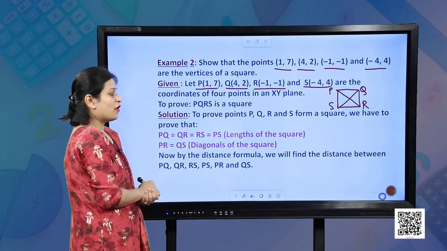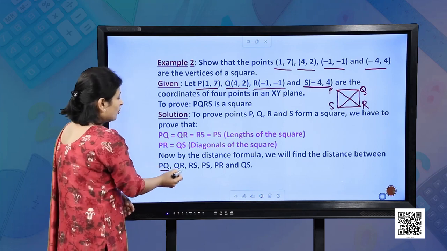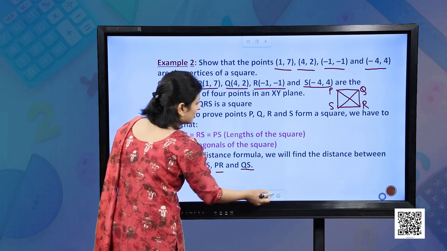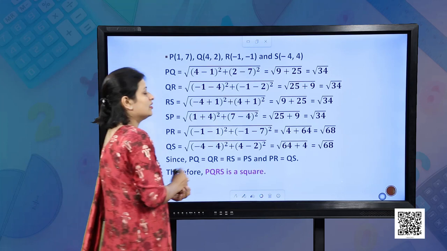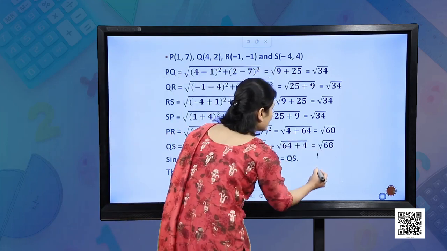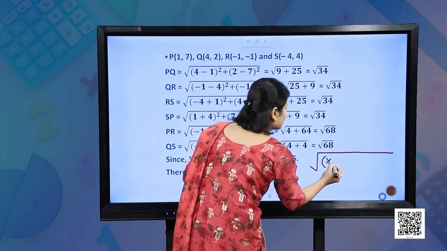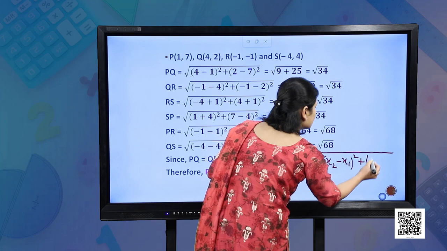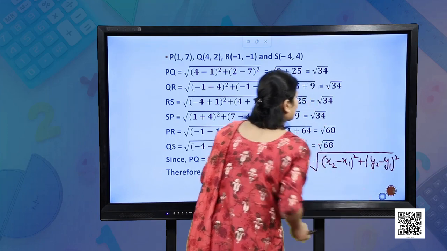Now by the distance formula, we will find the distance between PQ, QR, RS, PS, PR and QS. Now what is the distance formula? As you know, the distance formula is square root of (x2 minus x1) whole square plus (y2 minus y1) whole square.